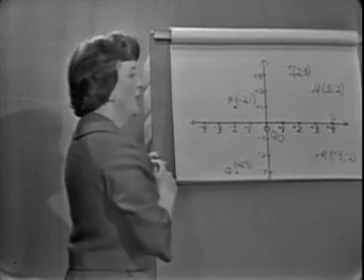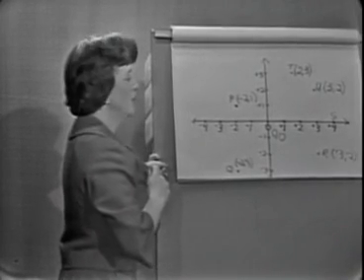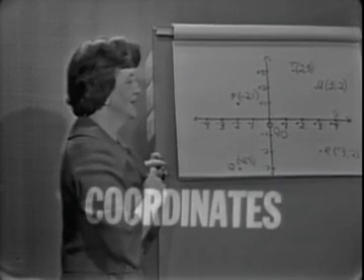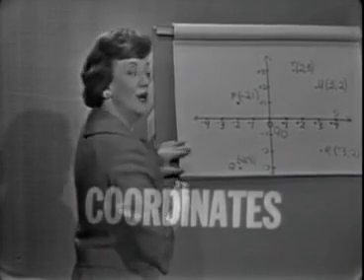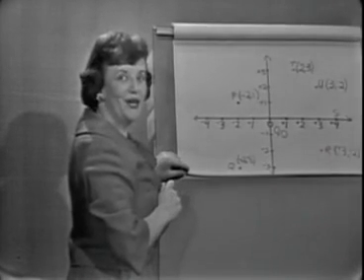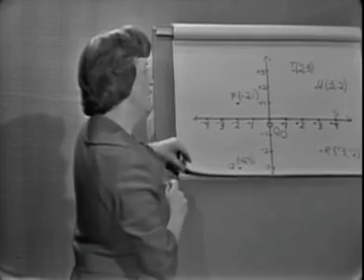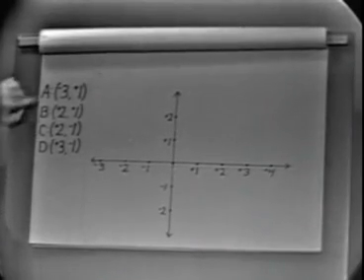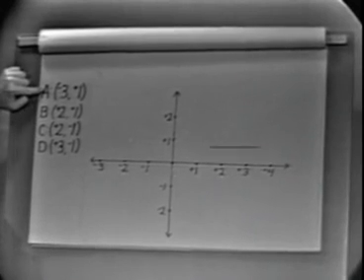Every point in the plane can be associated with an ordered pair of numbers, its coordinates. A pair of numbers can be used to locate a point in a plane. But let's consider another point. Here we have a list of points and their coordinates. Can we locate them?